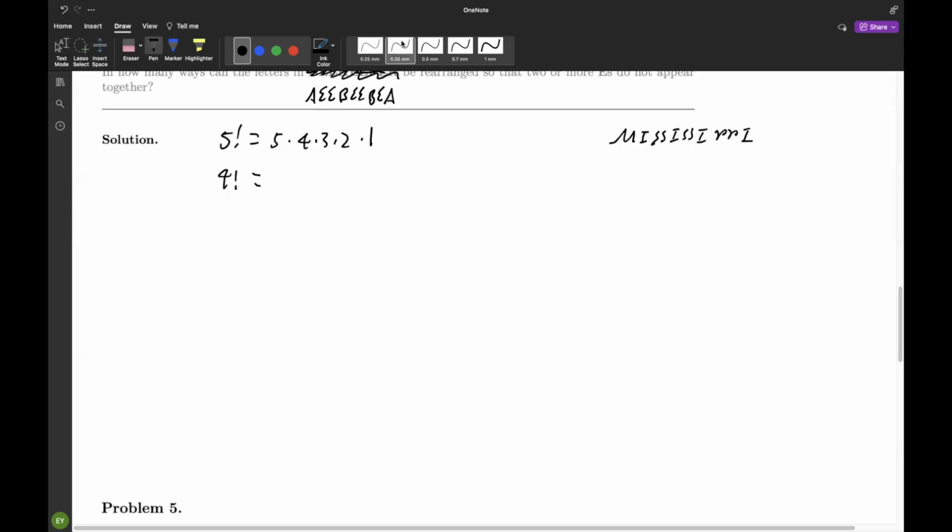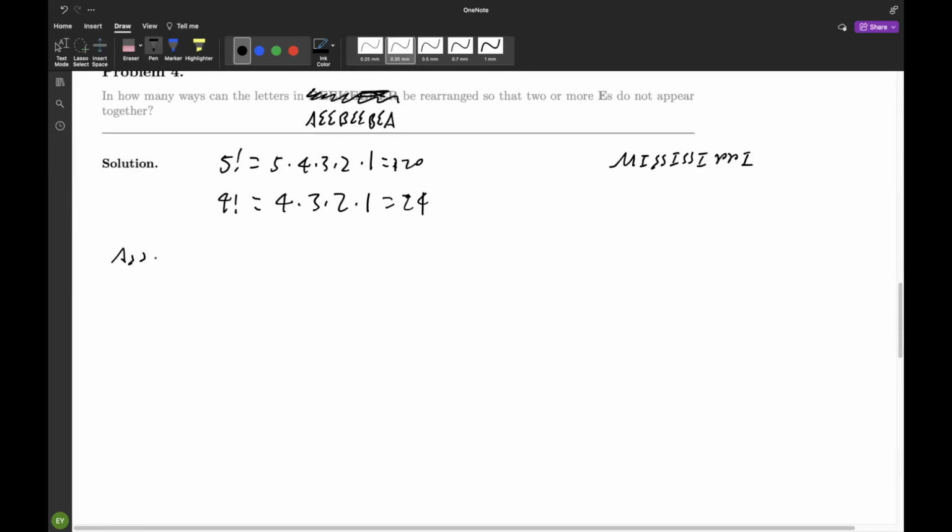If you define 5 factorial as 5 times 4 times 3 times 2 times 1, then what is 4 factorial? Yes, thank you. It is 4 times 3 times 2 times 1, which is 24. And we're going to use that here.